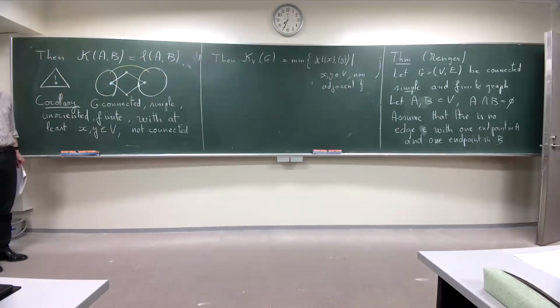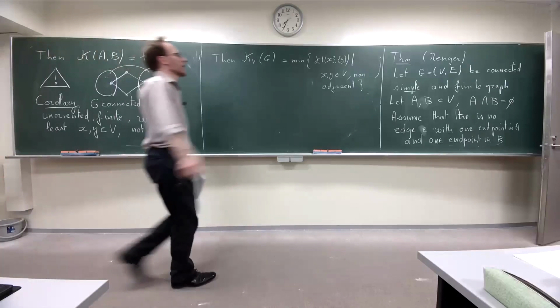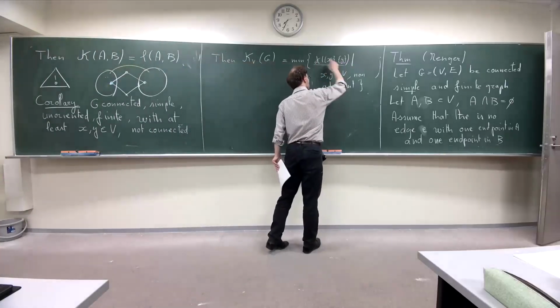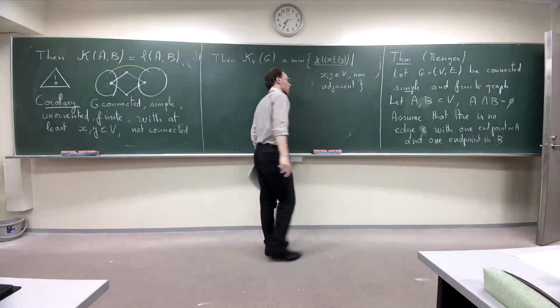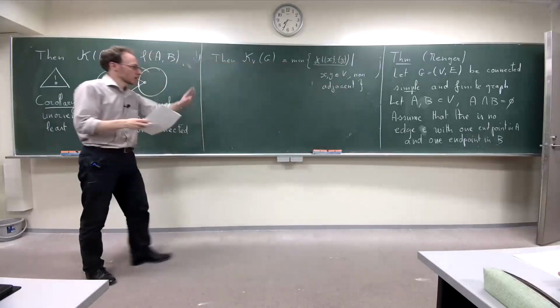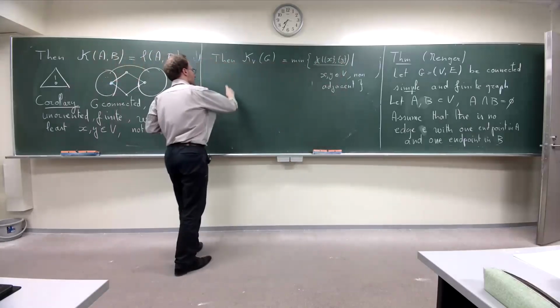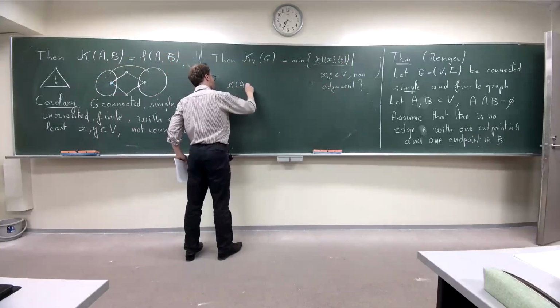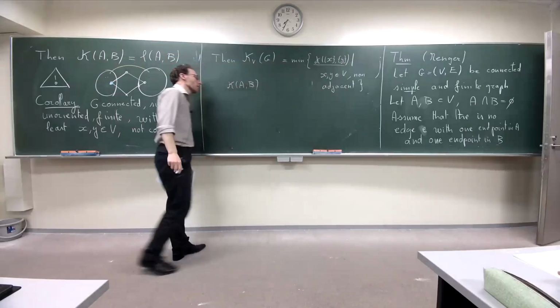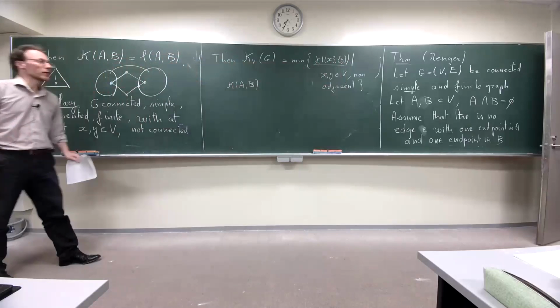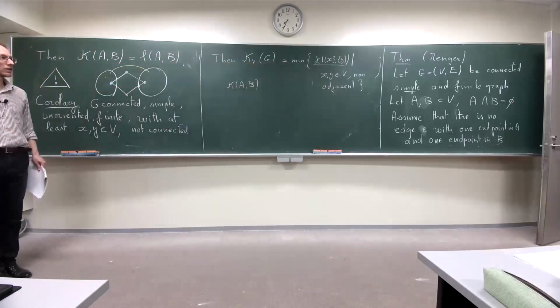Remember, the vertex connectivity is the number of vertices you need to remove in order to disconnect your graph. It's given by this kappa of X, Y. What is it? Remember, just before I introduced kappa of AB as a number, as a minimum number of vertices in a separator.